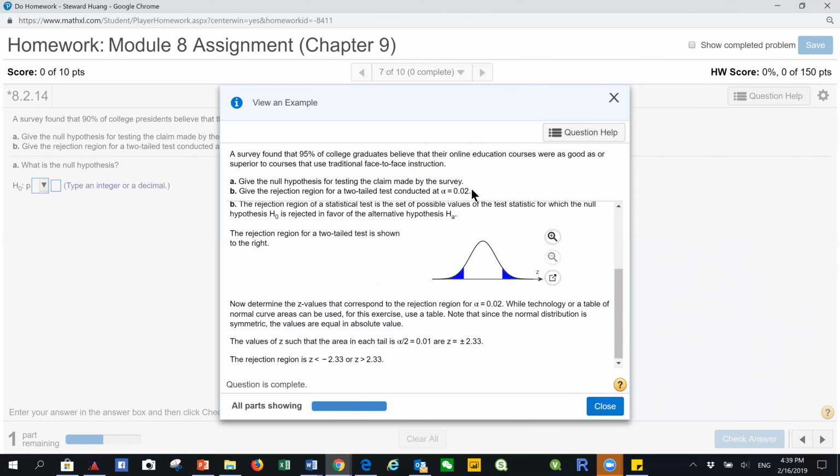You don't need to do the calculation of the test statistic yet for this question. Now you just need to know how to calculate the two critical values using alpha equal to 0.02.